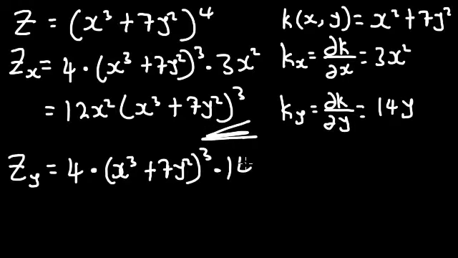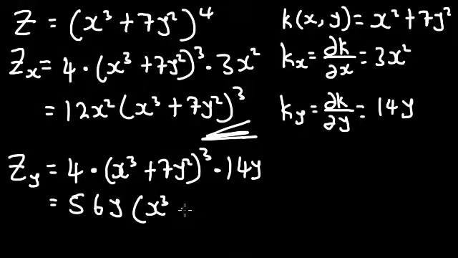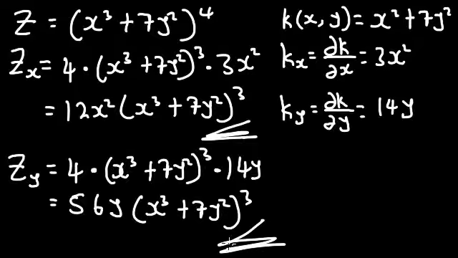Hence, the product of 4 and 14 is simply 56. Then we have y, and this will multiply by x to the power of 3 plus 7y squared all to the power of 3. That gives us the result to z sub y. And guys, this is how you can partially differentiate a function of a function in relation to a multivariate function.